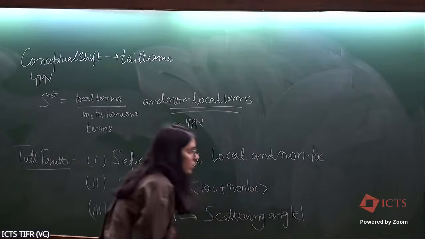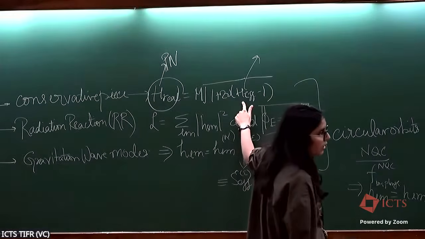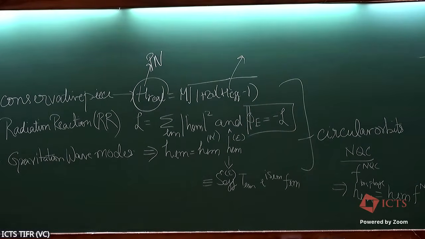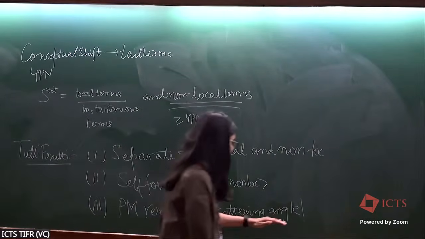Because the key thing to do the mapping from the real Hamiltonian to the EOB Hamiltonian is to find some gauge invariant variables or do a full canonical transformation. So from PM results, scattering angle becomes the gauge invariant variable.